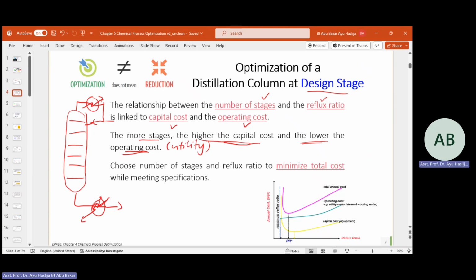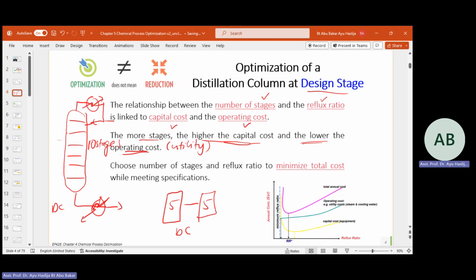So having, for example, one distillation column with 10 stages, instead of having two distillation columns with 5 stages each. If you have two distillation columns, capital cost is higher, and operating cost is also higher compared to having one DC with 10 stages to achieve that 95% purity.